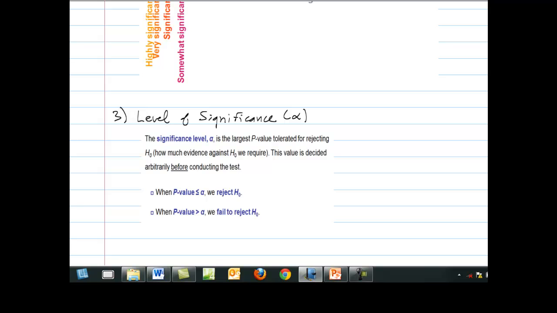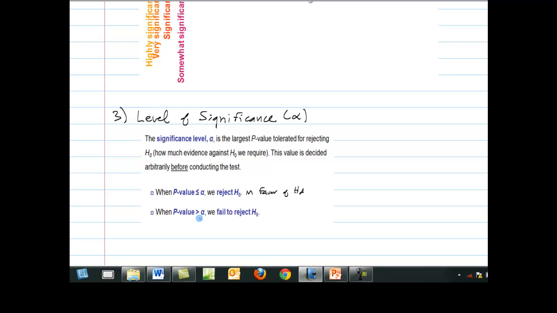So to summarize this, first of all, we have to state the level of significance before we conduct the test. We can't change the rules later on. We can't say, oh, let's play best 2 out of 3, and then you lose, and you say, oh, let's go for best 3 out of 5. You set the rules and you keep the rules in place. Now, if p is less than or equal to our level of significance, you reject H0 in favor of HA.